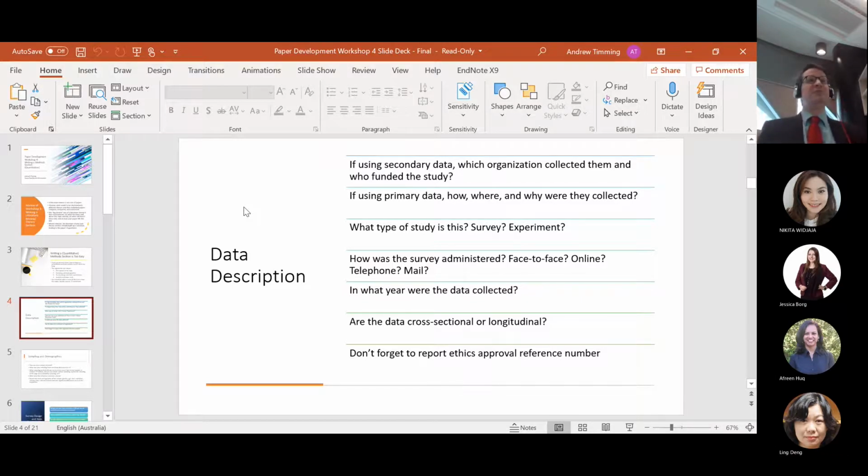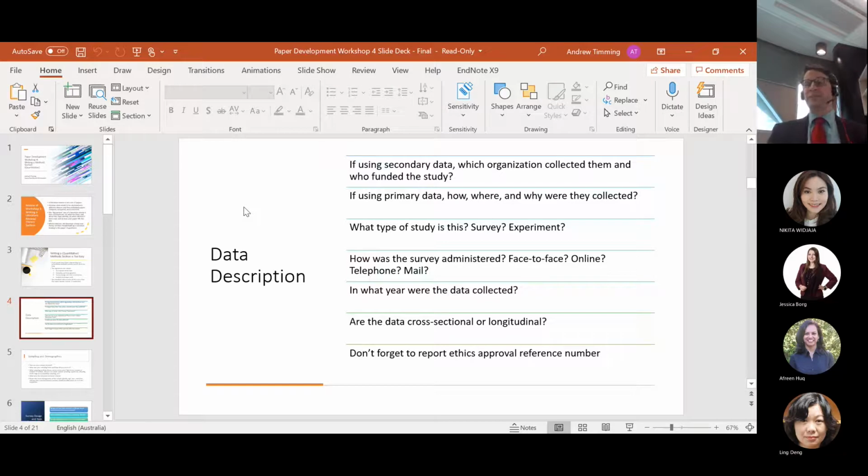Now, if you're using secondary data, that is to say a data set that has already been collected, then you would need to start by identifying which organization collected those data, and importantly, who funded the study, right? The funding of the study is an important element of those ingredients so that people can understand the background to the study.